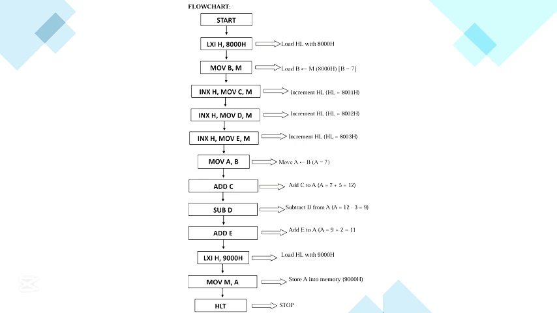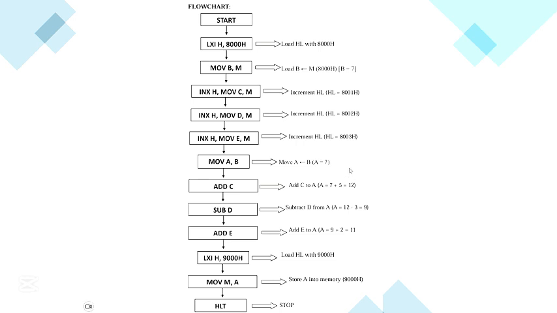Now HL becomes 8001H. Then next is move M to C. Move the value at the memory location into register C. Now RC is equal to 5.